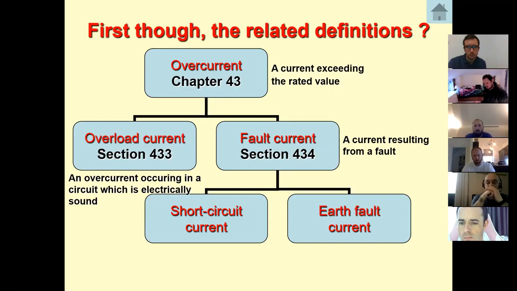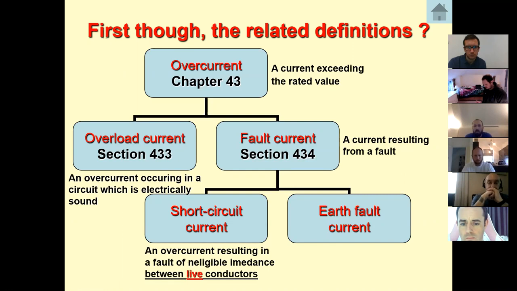So a fault current is a current resulting from a fault, and that fault is then split into two further categories. A short circuit is absolutely not to earth. The regs make it clear, although we term it that way sometimes, it's between live conductors. So on a three-phase supply, L1 to L2, L1 to L3, L2 to L3, any of those lines to neutral, the neutral's a live conductor.